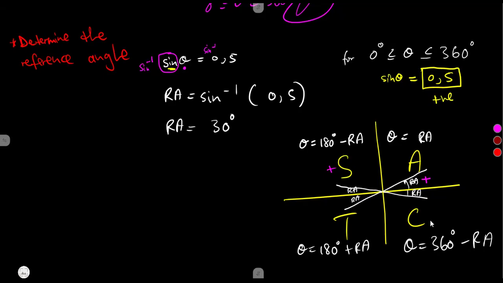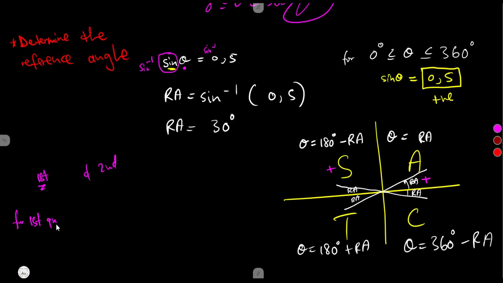In which quadrant does that sine lie? It is positive in the first and in the second. So our solutions must be taken from the first and second. So from the first quadrant, what will be our answer?